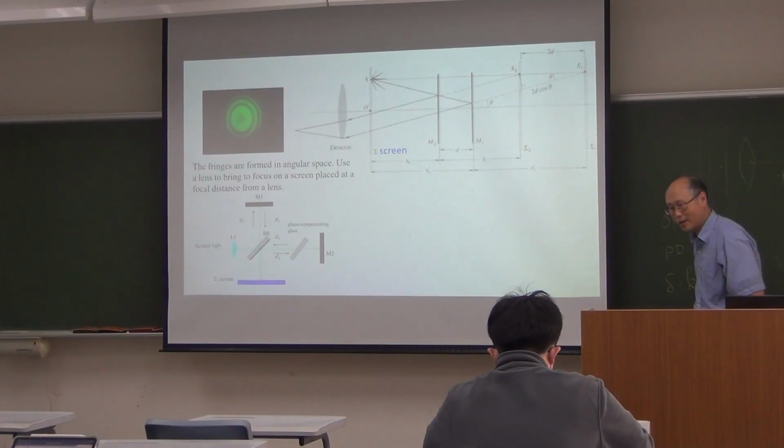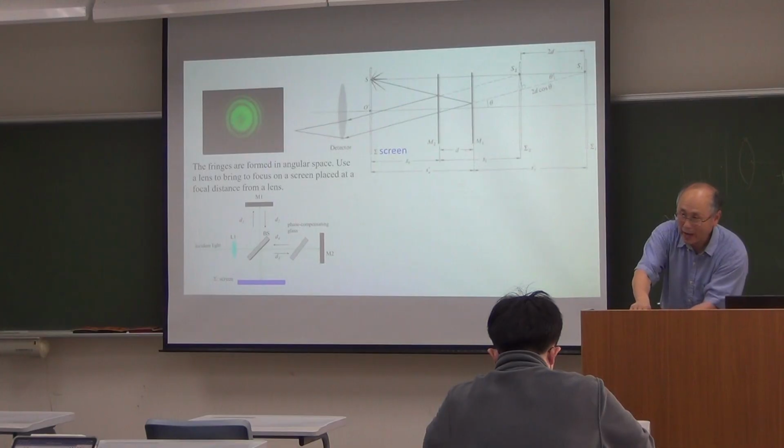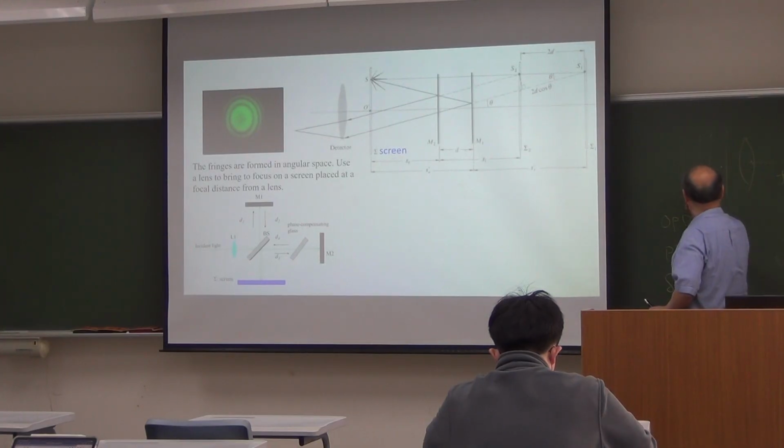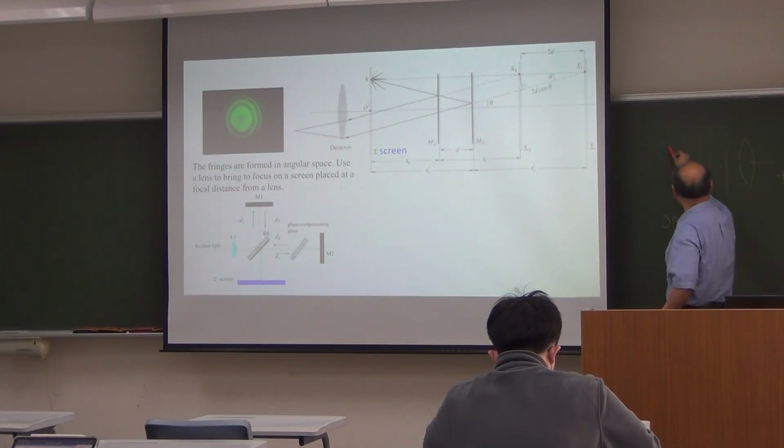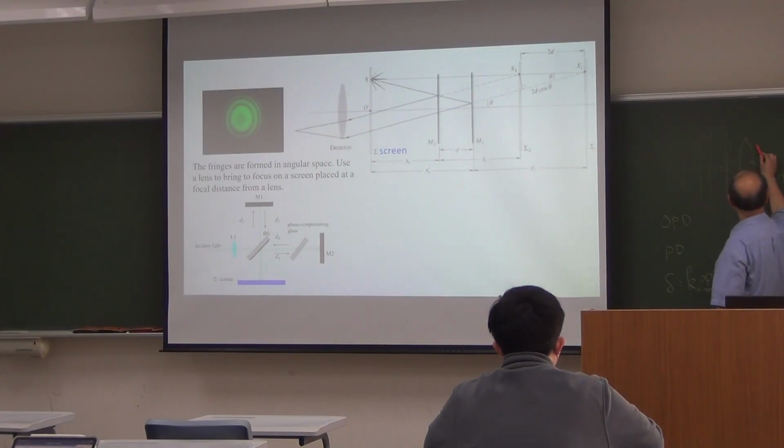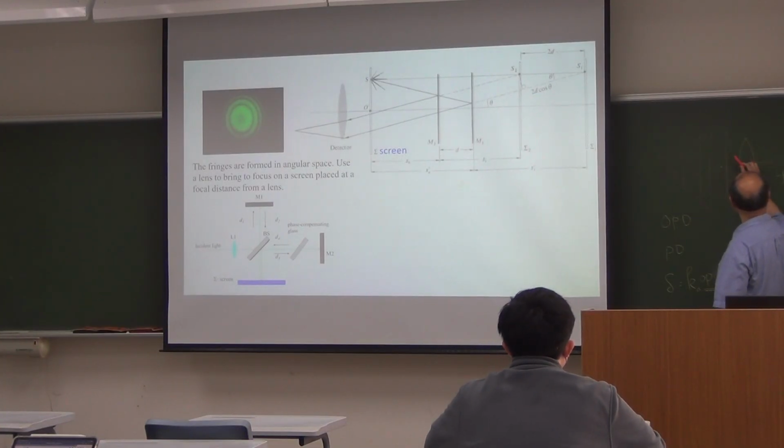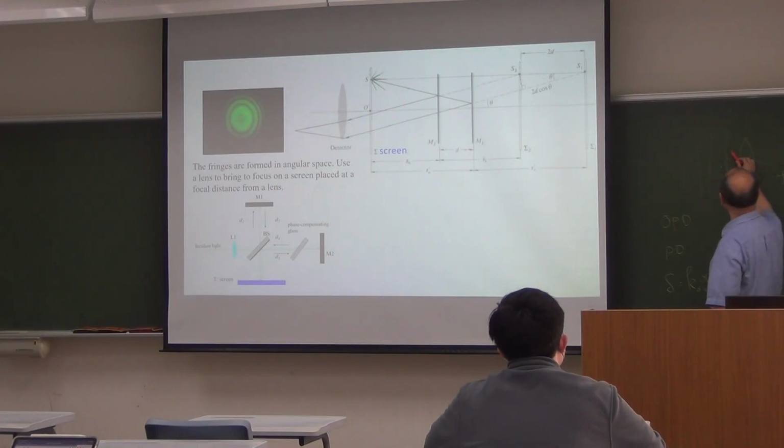All right. Now, if you have a plane wave going with an angle, then you're going to focus this plane wave onto a point like this, also on the focal plane. Well, this is a little bit over, but anyway, this is how you see a plane wave.